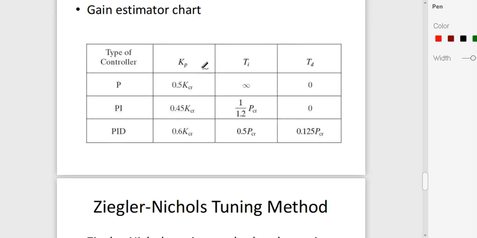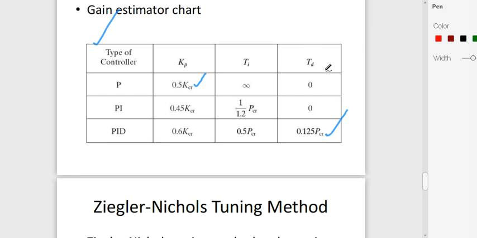For the second tuning method, first find Kcr and Pcr, the sustained oscillation point, and then design P, PI and PID controllers, and learn this estimation chart of the second method by heart.